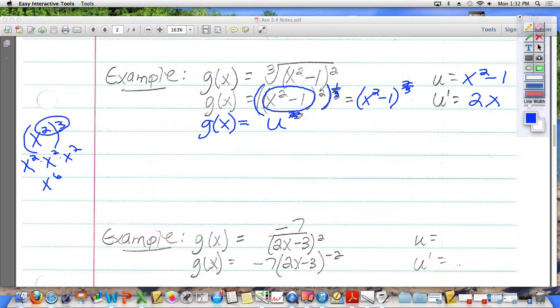I have not begun to find my derivative yet. I have only rewritten my expressions. So now, to find the derivative using the chain rule, we have to find the derivative of u. So what is the derivative of u to the 2/3 power?